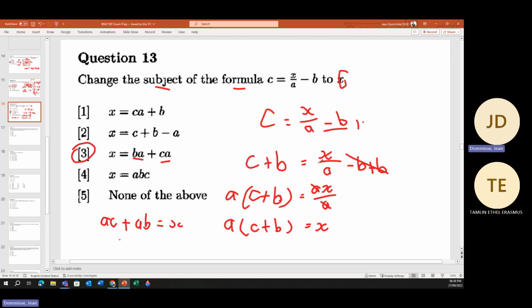And again, to write ac or to write ca, no difference. The same to write ba or to write ab, no difference in the answer. So to write ab plus ac is exactly the same.